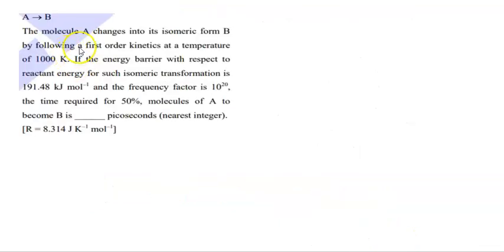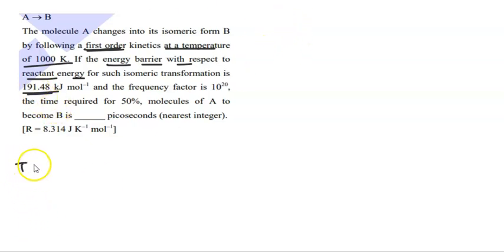It is a question from chemical kinetics. The molecule A changes to its isomeric form B by following first order kinetics, at a temperature of 1000 kelvins. The energy barrier with respect to the reactant energy for such isomeric transformation is 191.48 kilojoules.